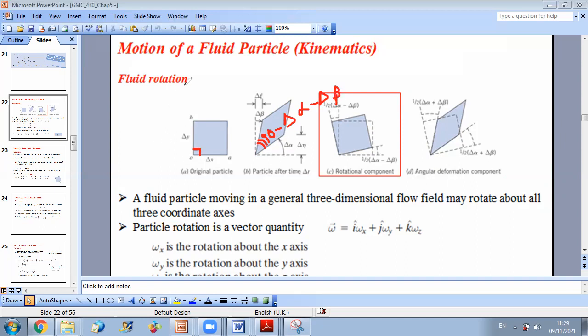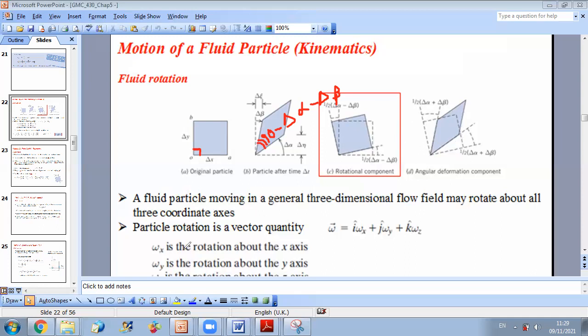As we can see, for the fluid behavior in rotation, we should define its angular velocity and we should define its deformation. Now, a fluid particle moving in a general three-dimensional flow field may rotate about all three coordinates. Here we just considered a particular case of rotation about one axis.